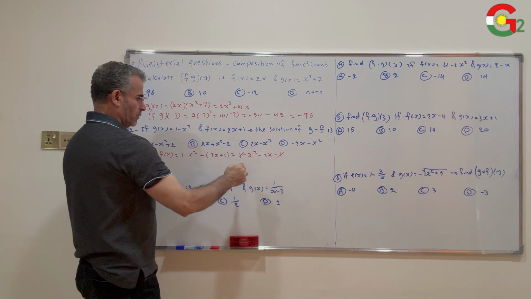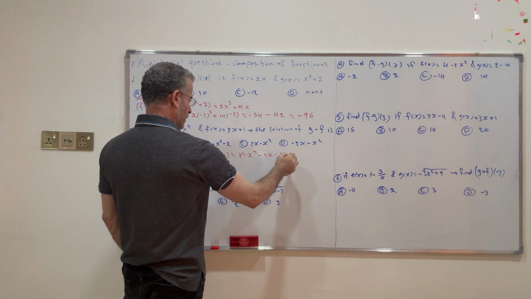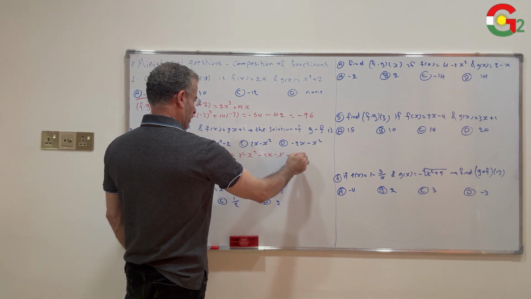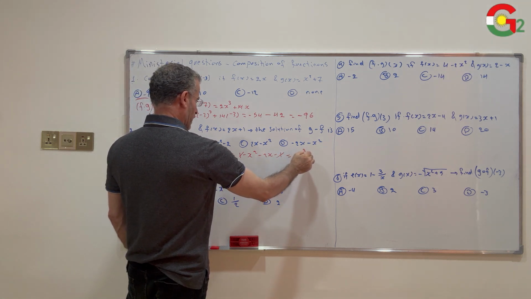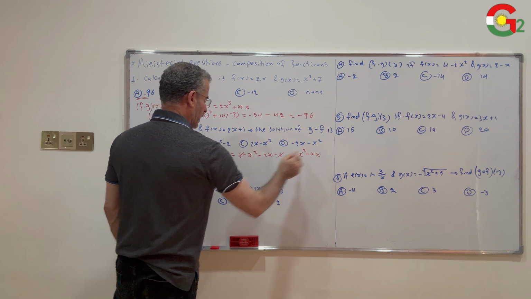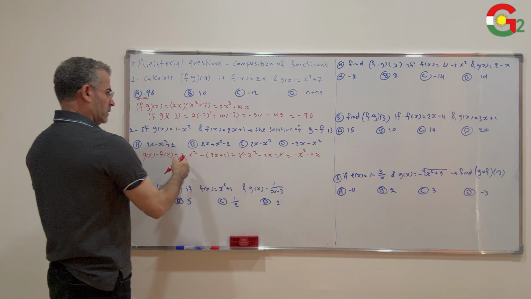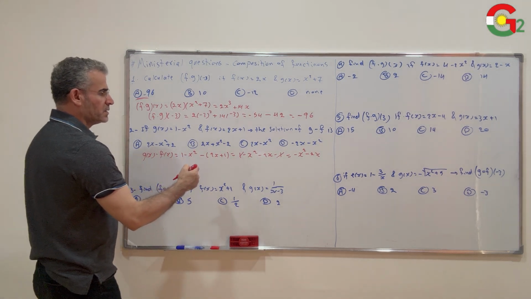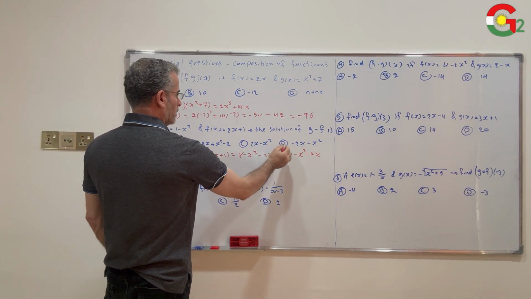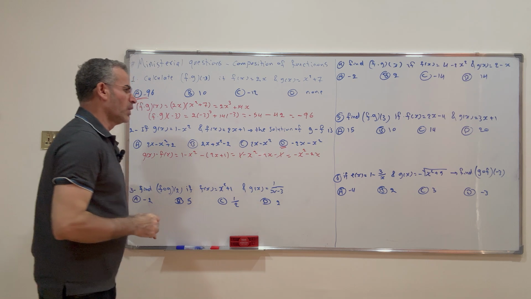Then the answer is negative x power 2 minus 2x. The answer is choice number D.